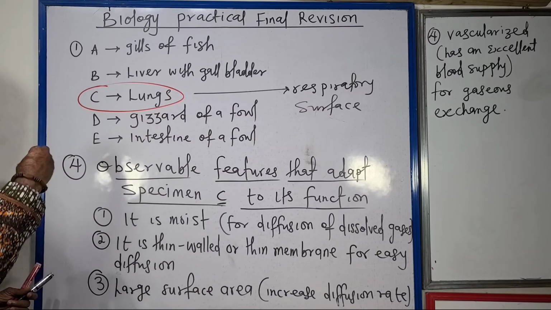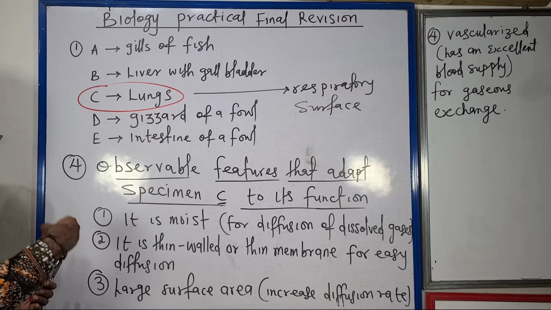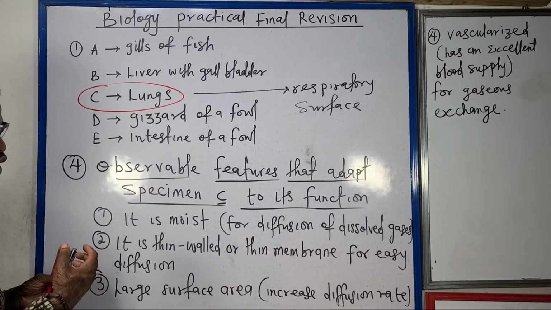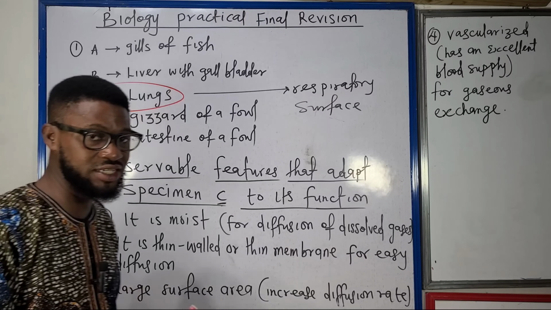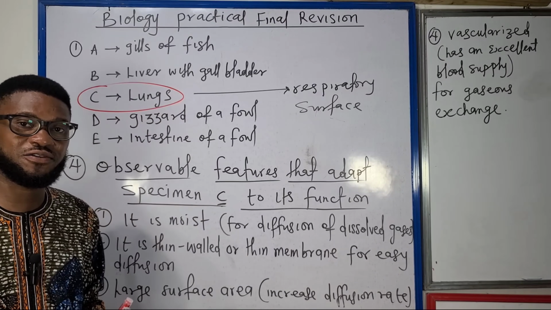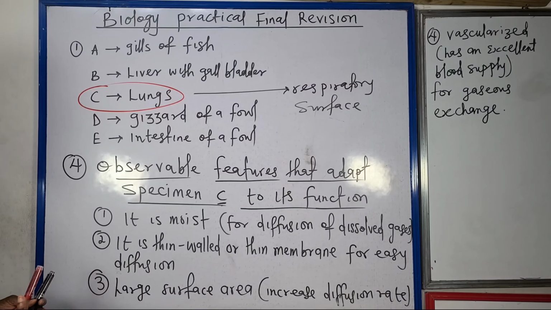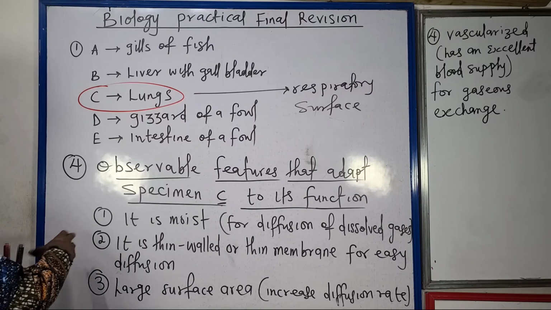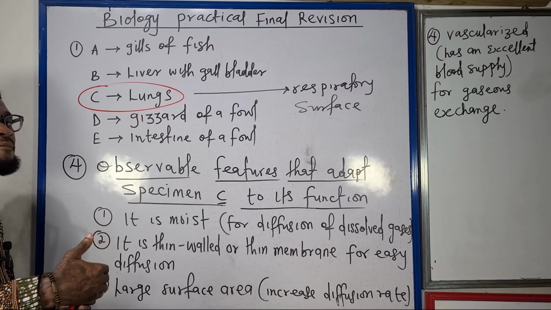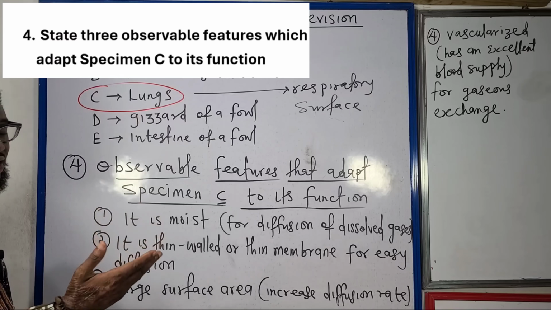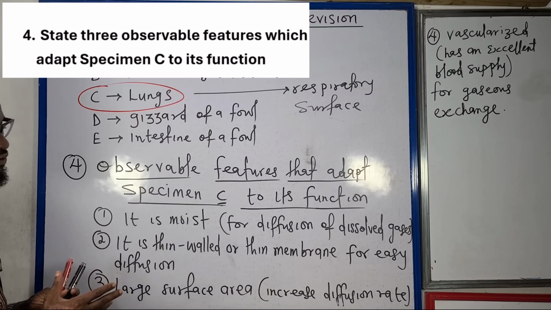Number 2, specimen C is able to perform its function because it is thin walled, or has a thin membrane, for easy diffusion. When you touch it, you see that it's always very fluffy, with enough space on the inside, well ventilated. So here it is thin walled, or you say thin membrane, for easy diffusion of gases, talking about oxygen and carbon dioxide here. Also, it has a large surface area.